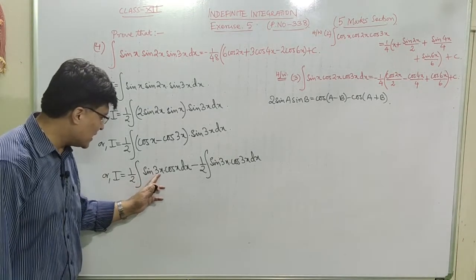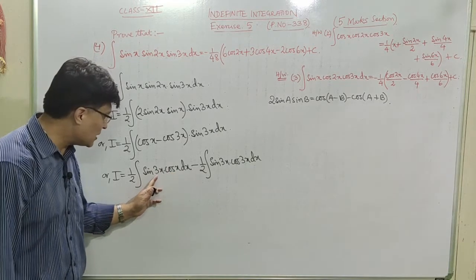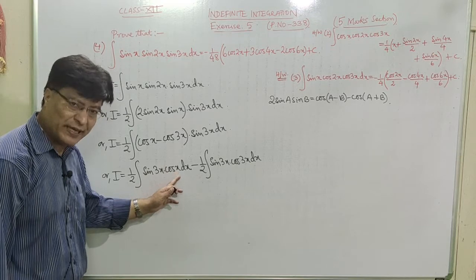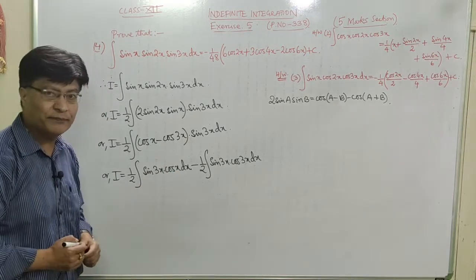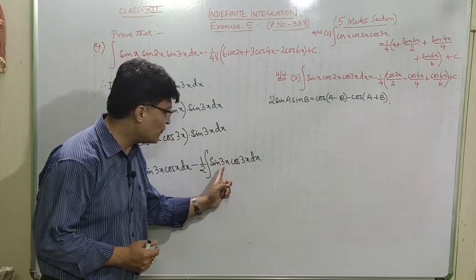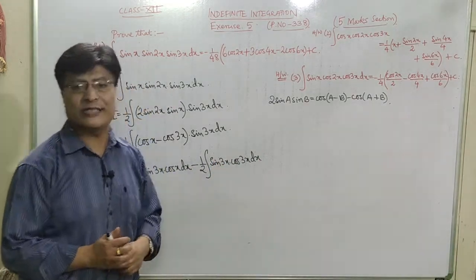Now what will you do in the next step? This is sin a cos b. These are different angles, so the greater angle you should take as A and the smaller angle as B. So this is sin A cos B. Next, these are the same angle for the second term.